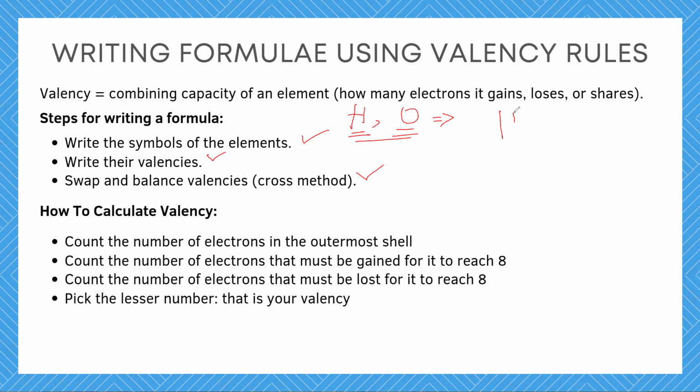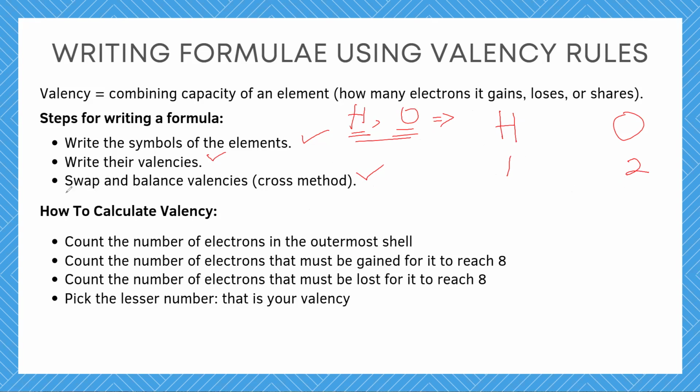I'm going to write H and O. Did you see how I did this? Good. The next thing to do is to write their valencies. I'm going to show you how to calculate valency, okay? For this example, the valency of hydrogen is 1 and the valency of oxygen is 2. So that's step number 2.